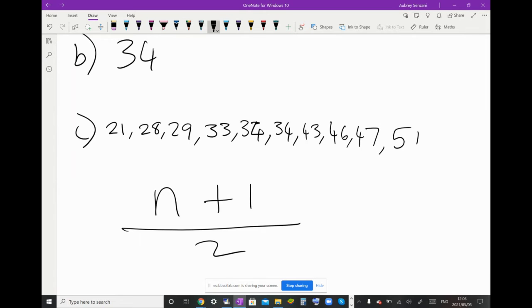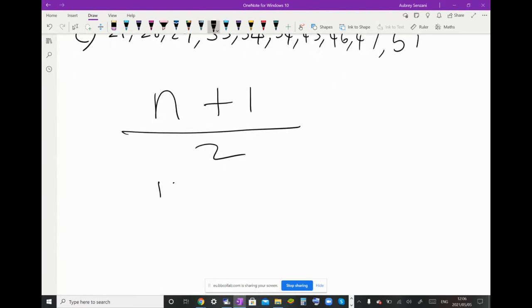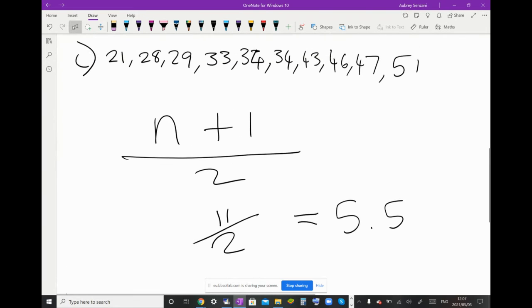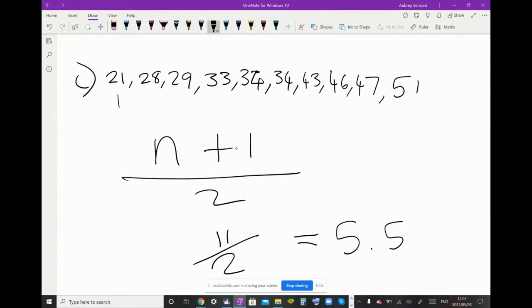N is the number of values. So then we would progress to say 10 plus 1, which obviously gives us 11. So 11 divided by 2 then obviously gives us 5.5. Okay. Then we have to count 1, 2, 3, 4, 5. Okay.